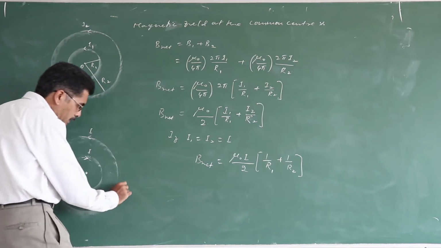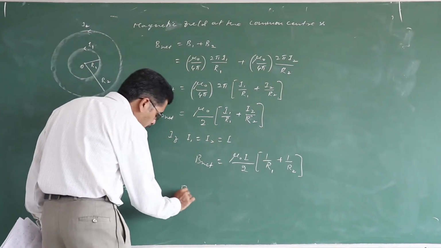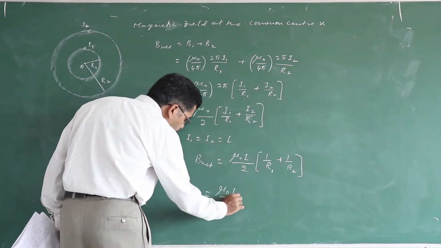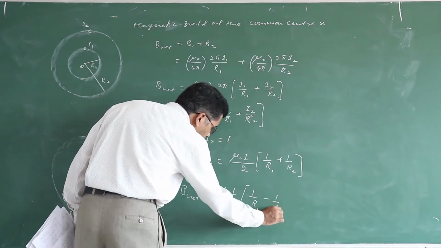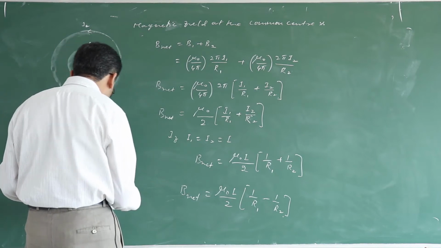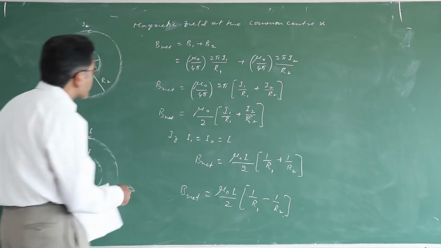So in such a case the net magnetic field is given by B net is equal to mu naught I by 2, 1 by R1 minus 1 by R2, when the magnetic fields are in opposite directions. Have you got it?